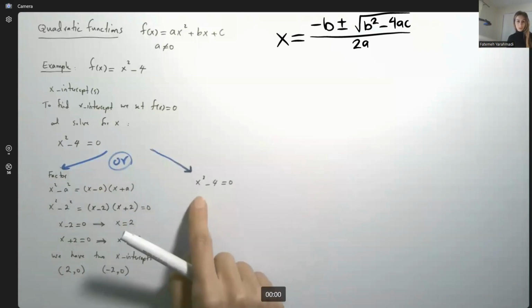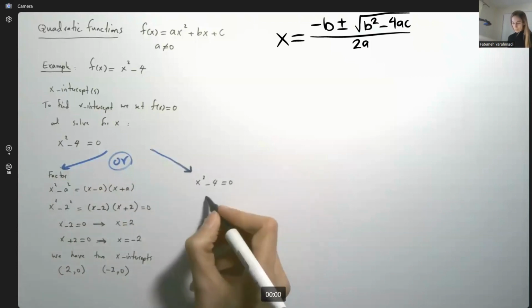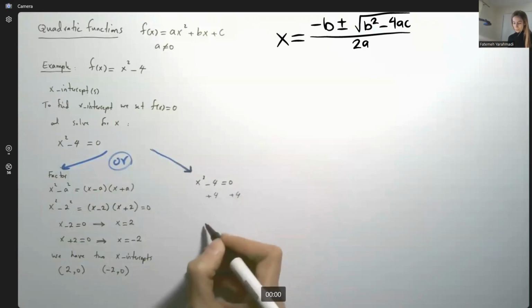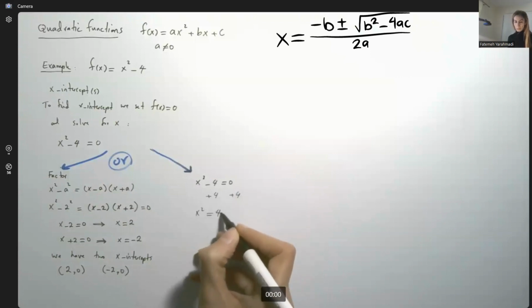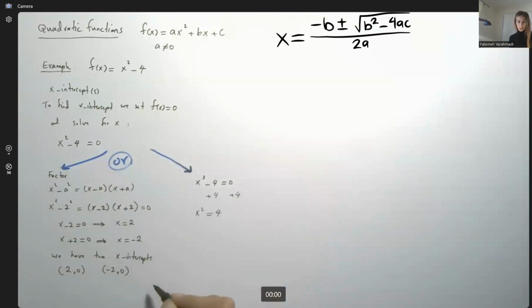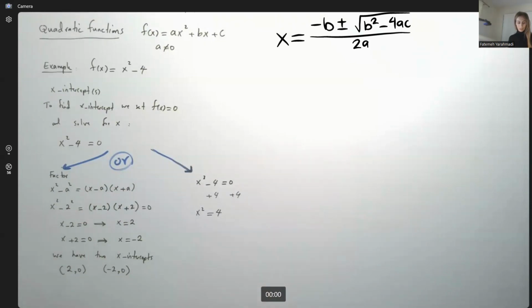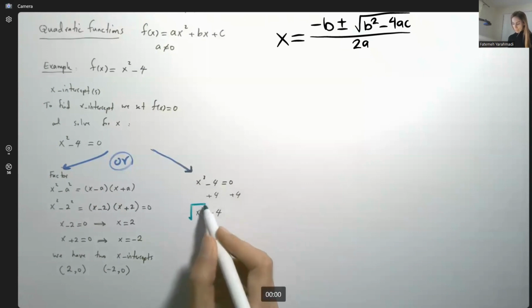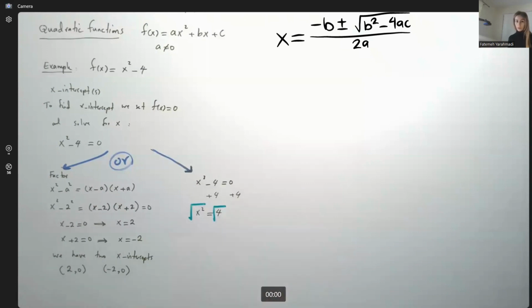Once you set x squared minus 4 equal to 0, we can add 4 to both sides. x squared becomes 4. Then we take the square root of both sides: the square root of x squared equals the square root of 4.